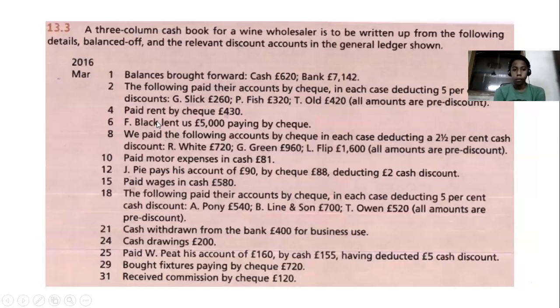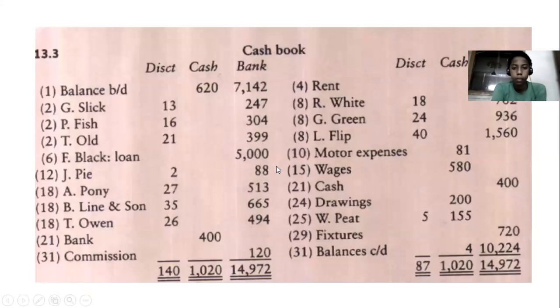So rent on the credit side and the bank. Fine. Another transaction: F. Blake lent us 5,000, paying by check. Debit or credit, and which side? First of all, you have to decide whether we will write on the debit side or credit side. Sir, it would come on the debit side of the bank account. Very good. Because you are receiving the amount, you will write on the debit side.